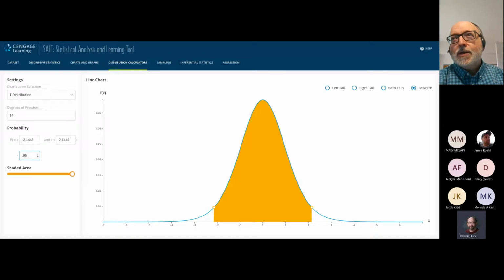Okay. So mathematically, we're using this t distribution in order to get the answer that we want about confidence intervals. And again, what I just did, SALT does automatically when we put in our information in the inferential statistics. It goes through the whole process, figures out the t-score, works with the standard deviation and the sample size, and makes everything work.